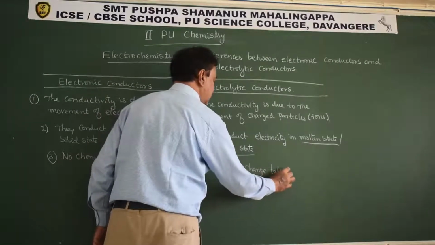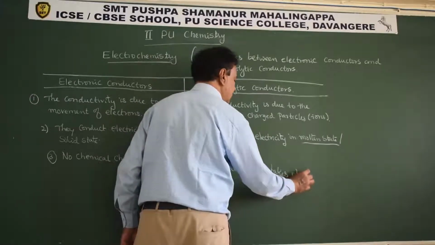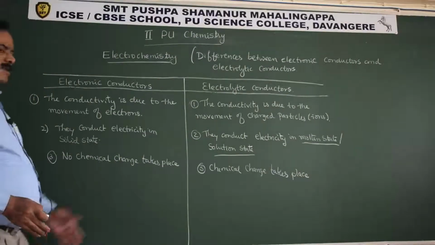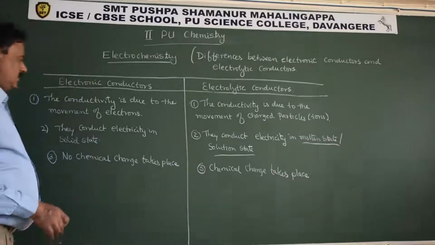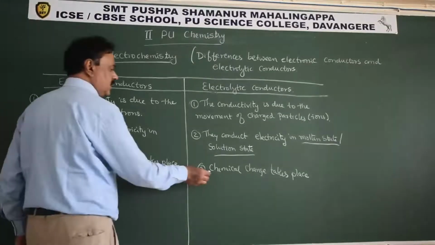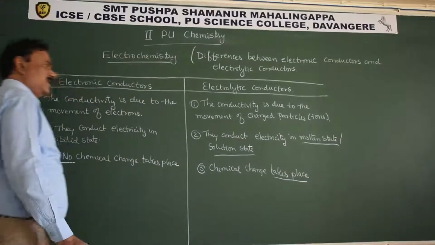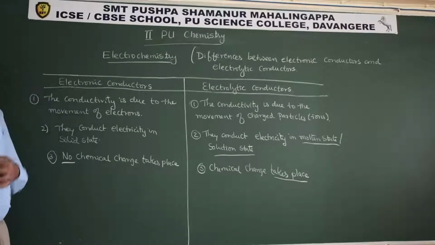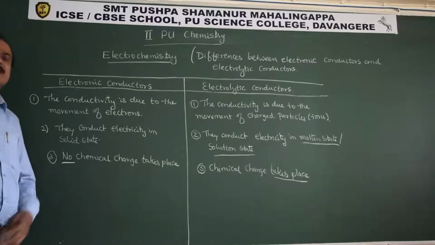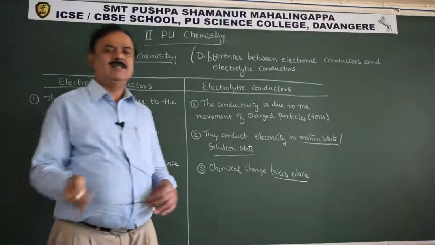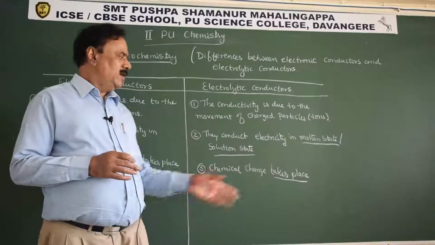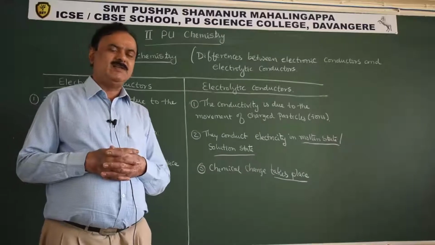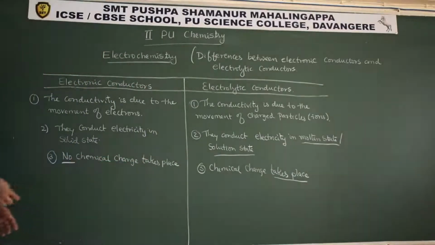Here the charged particles are there, therefore some sort of chemical change occurs, that is a transformation of the charged particles. Here it is a solid metal, therefore in solid state only they conduct electricity. Because only metal is there, with protons, neutrons and electrons, chemical change will not occur. Here the positive and negative charged particles are there, therefore chemical change will occur. Is it clear? That is about the third one.